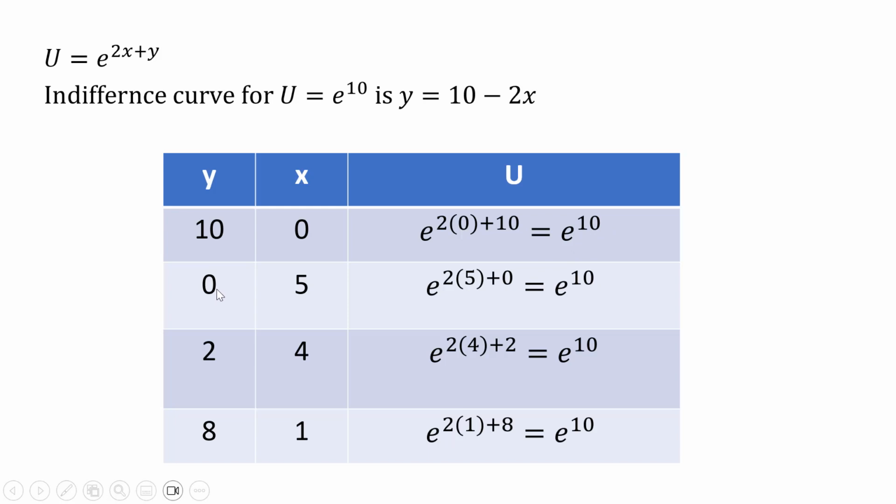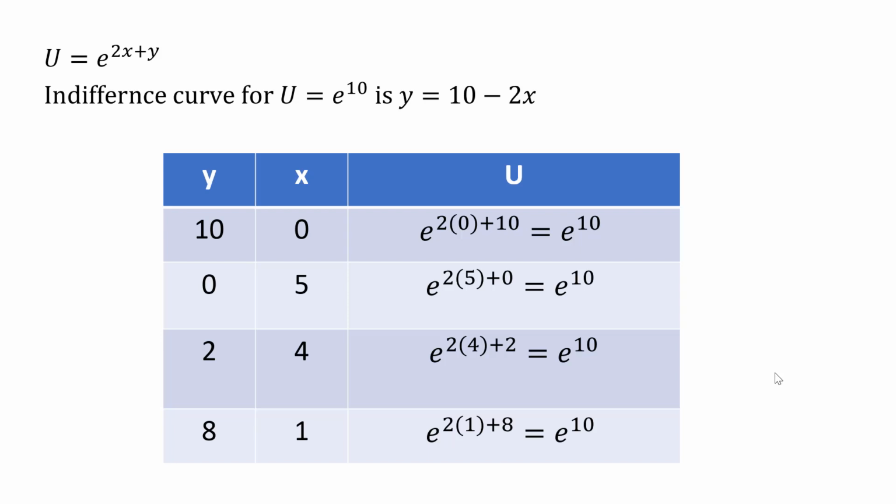Another combination is when y is 0 and x is 5, plugging those values into the utility function. Once again, utility is equal to e raised to the power of 10, and we could do a bunch of different examples here, and that is our indifference curve, where e is raised to the power of 10.